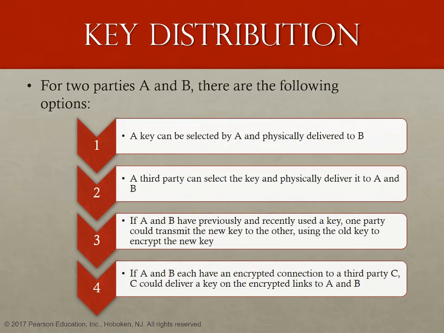Options 1 and 2 call for a manual delivery of a key. For link encryption, this is a reasonable requirement because each link encryption device is only going to be exchanging data with its partner on the other end of the link. However, for an end-to-end encryption over a network, manual delivery is awkward.